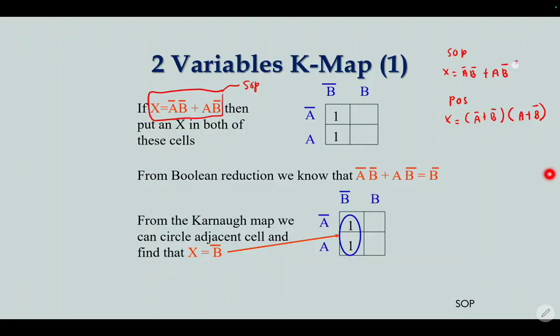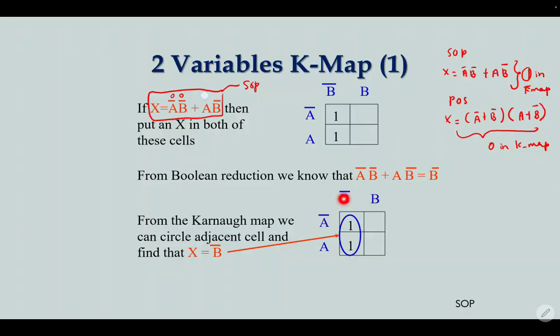For the SOP equation, you have to place number 1 in the K-map. For the POS one, you have to place number 0 in the K-map. Okay, now you got A bar B bar, which is 0, 0.